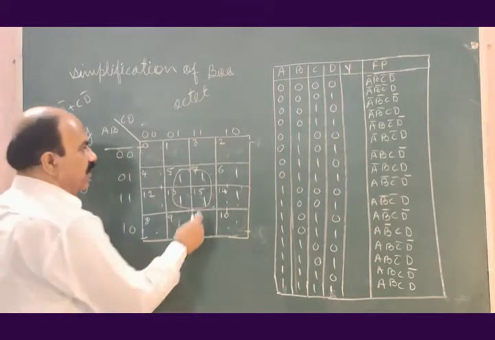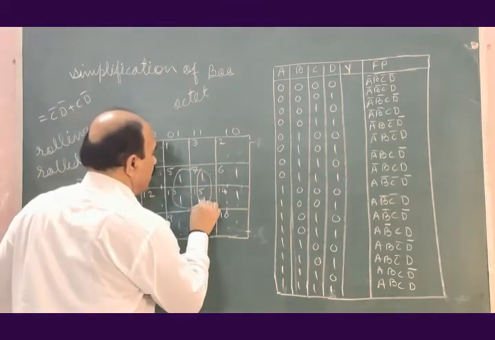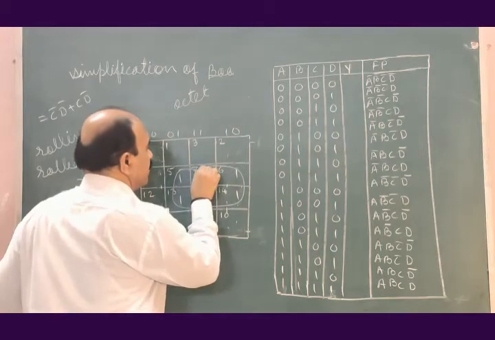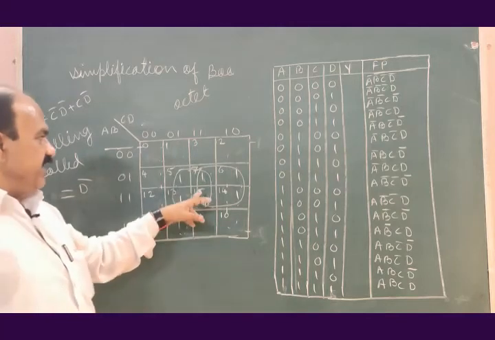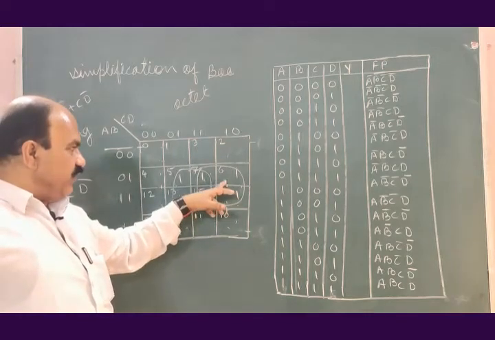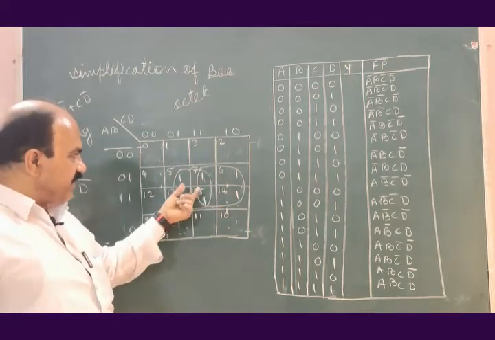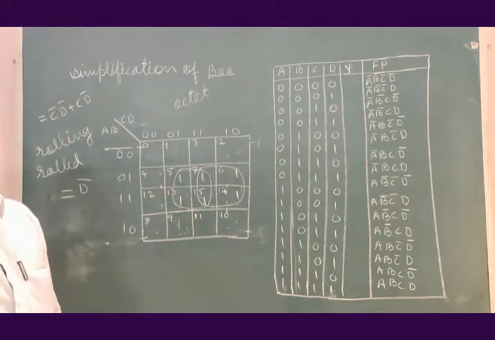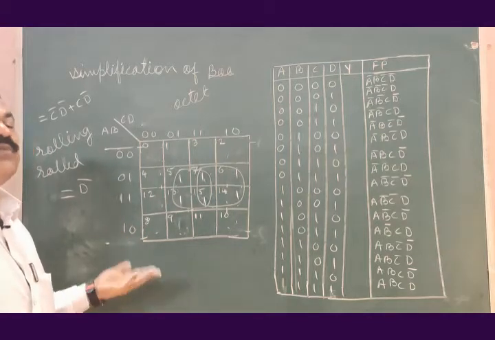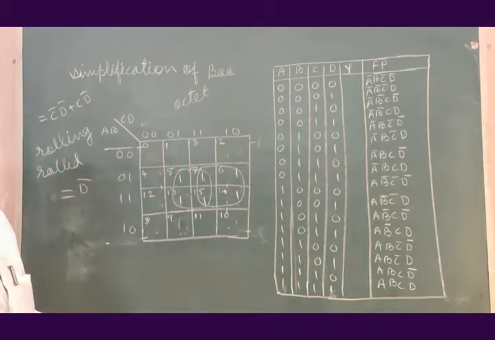So, do this thing. This is known as overlapping of the group. Here, to form two quads, these two groups are overlapped on each other. Because of this, the SOP form, the Boolean expression, is further simplified.